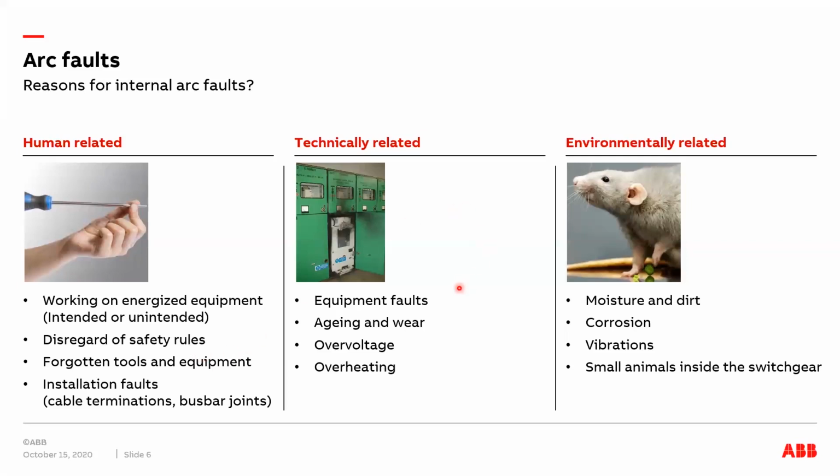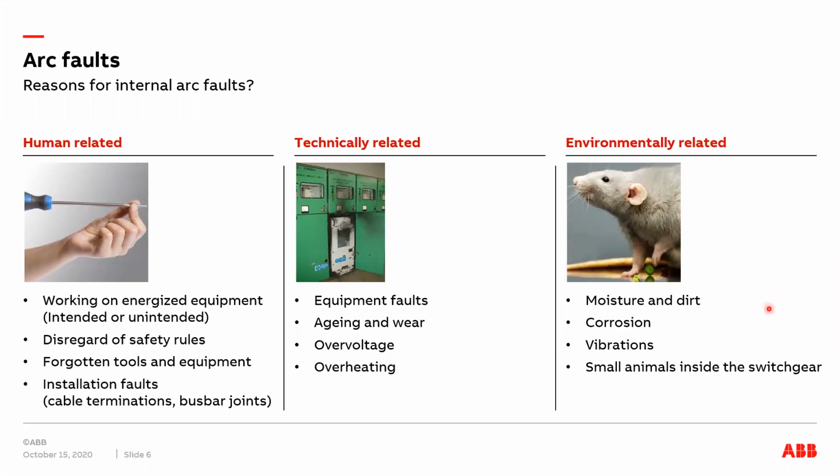Then on the technically related side, we have examples like equipment faults, and equipment faults tend to increase with aging and wear. So if you have old equipment, the risk is higher. Overvoltage, overload, and overheating can also cause internal arc faults.